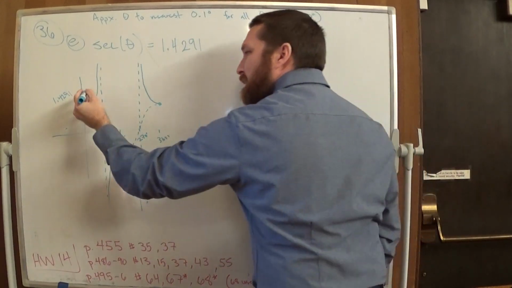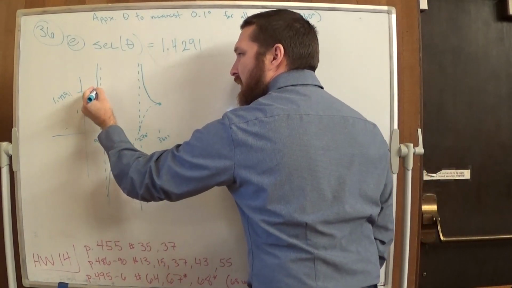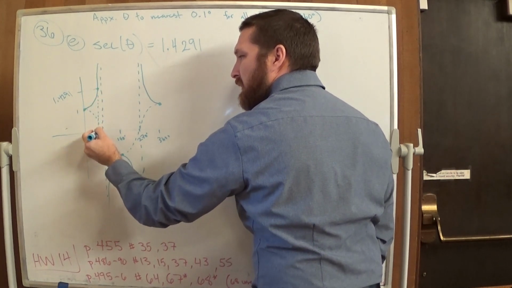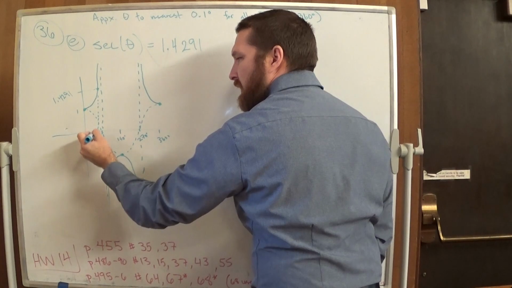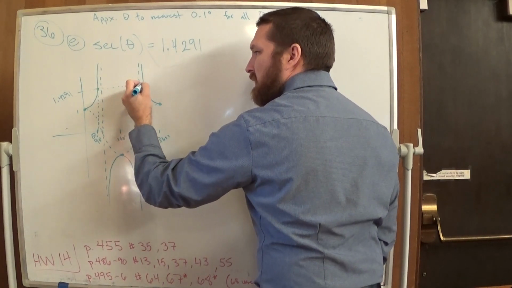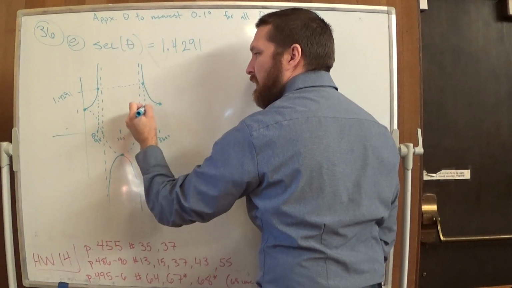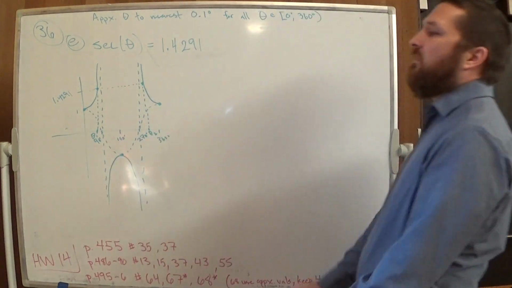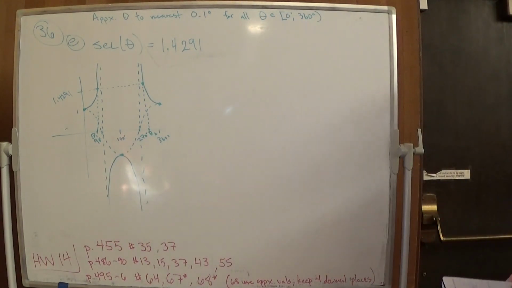And so I expect then, how many answers should I expect? 2. We have one here, there's theta 1. The only other one is going to be right here. We're going to call that theta 2. So I'm searching for theta 1 and theta 2.